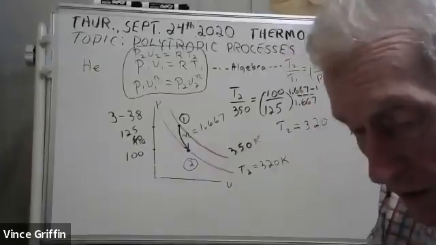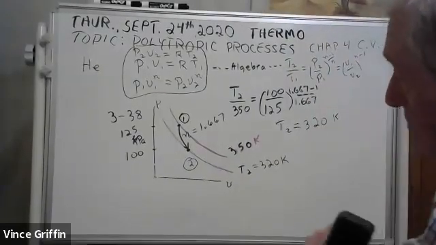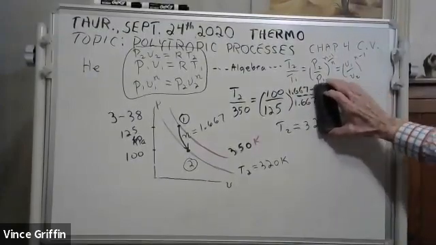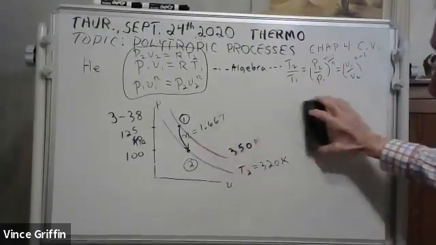I divided P2V2 over P1V1. I got T2 from there. Is that still okay? Sure, it's perfectly okay. This is a nice way of getting it too. I like this way of getting it.